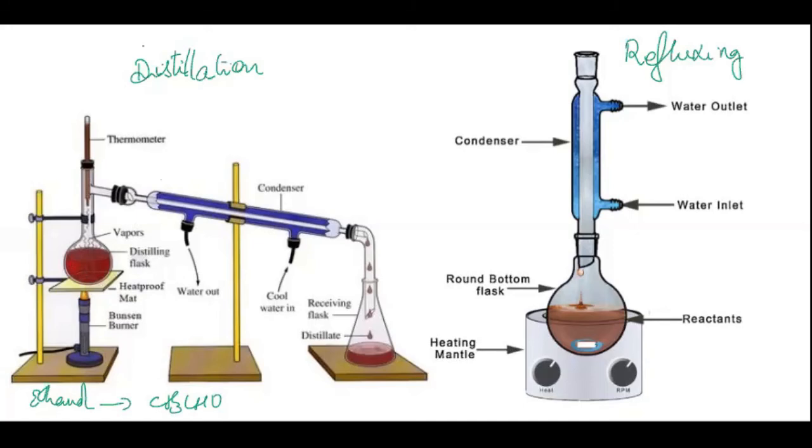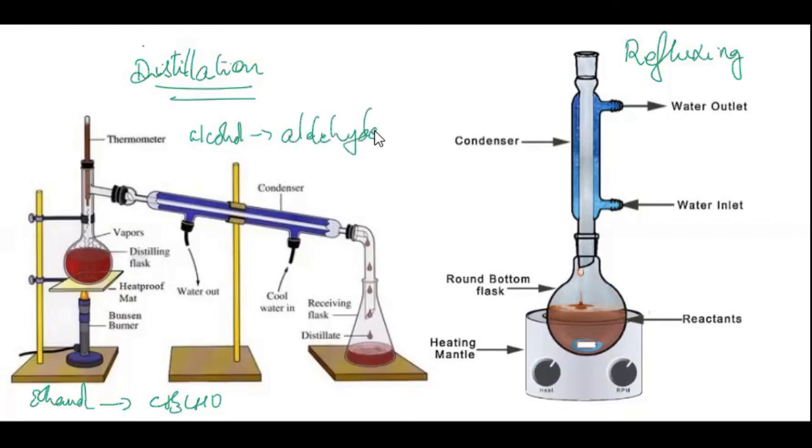Alcohols have hydrogen bonding, so they have a higher boiling point. Aldehydes have dipole-dipole attraction, because of which their boiling point is lower. Having a lower boiling point in this hot environment, it immediately vaporizes off. Now, these hot vapors are not allowed to return back, but are allowed to move through the condenser, where they will be cooled down and collected. So if we go for distillation, we will be able to convert the alcoholic functional group to the aldehydic functional group.